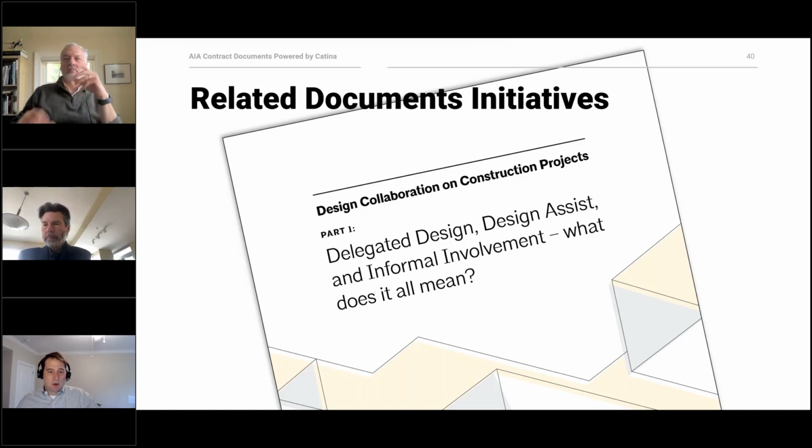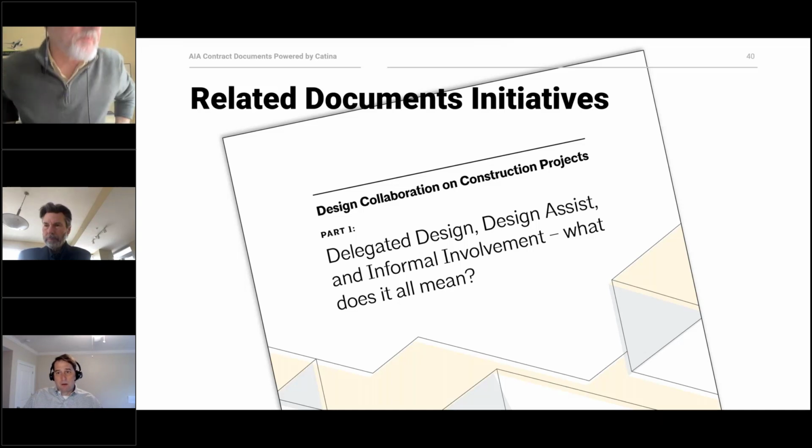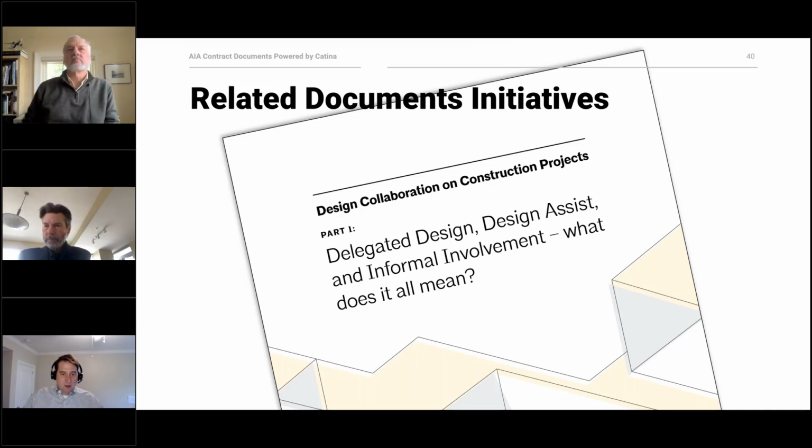One of the things that's happened in the last few years is the AISC, the American Institute of Steel Contractors, reached out to us and asked if we'd be interested in collaborating on a white paper to help define certain types of collaboration that can happen on any project.